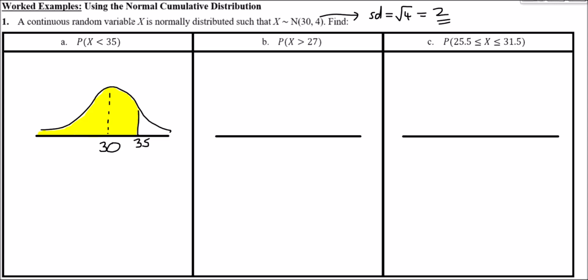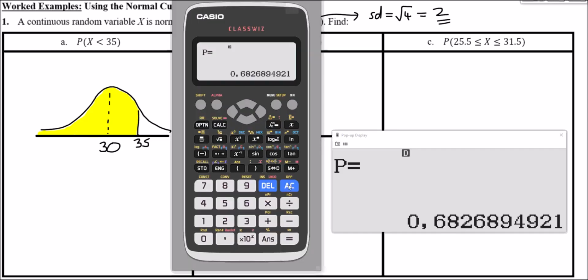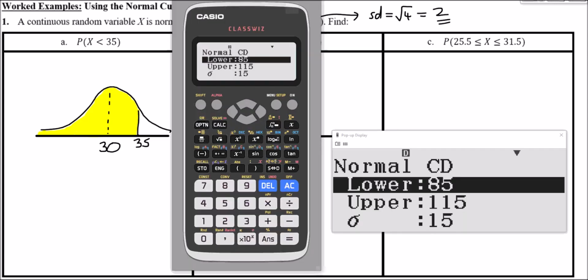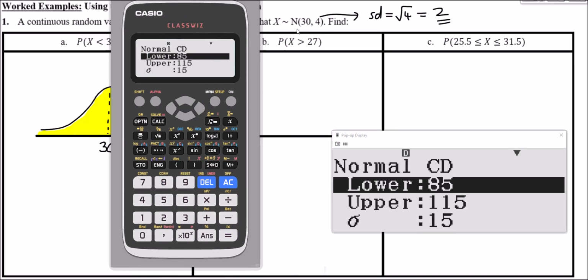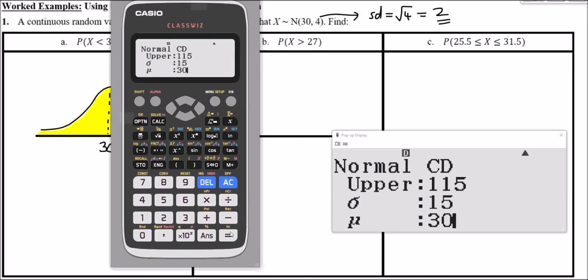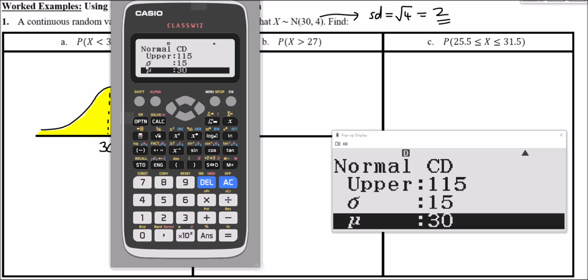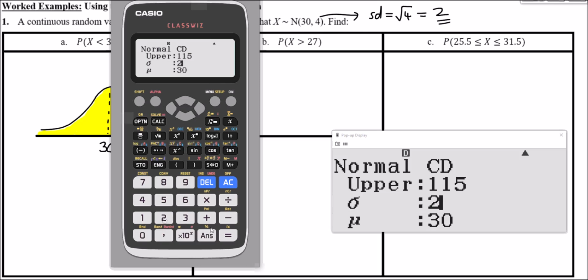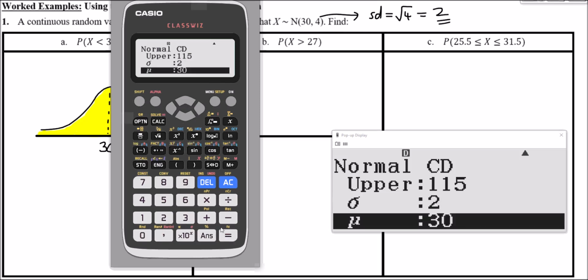So for this one, we get the calculator ready. Now, our parameters, we've got a mean of 30, so press mu as 30. The standard deviation isn't 4, it's a square root of that, which is 2, so be sure to type in 2.